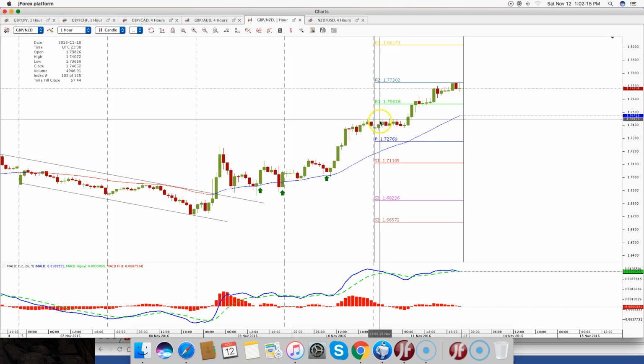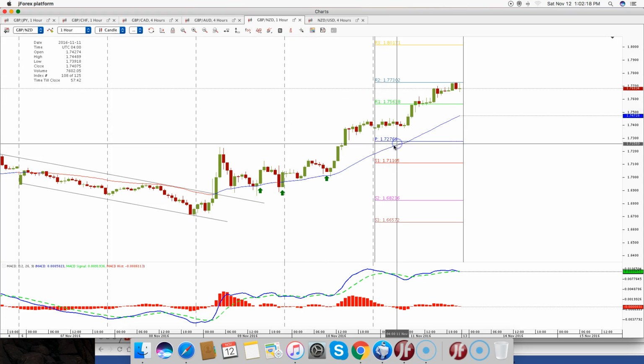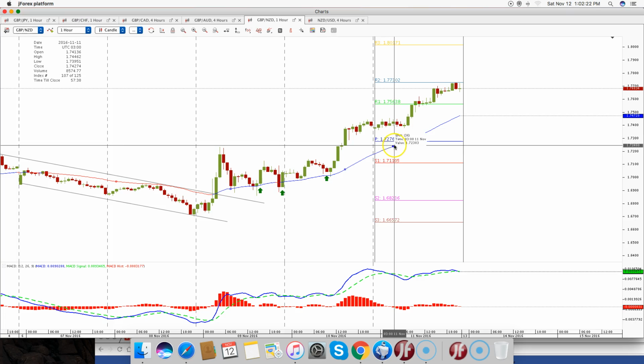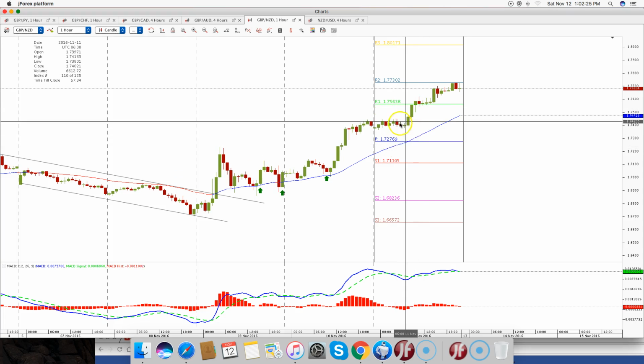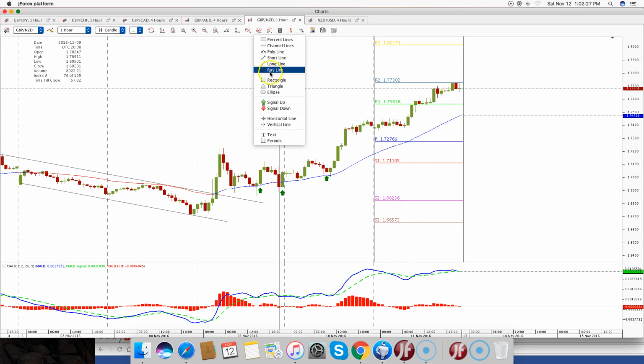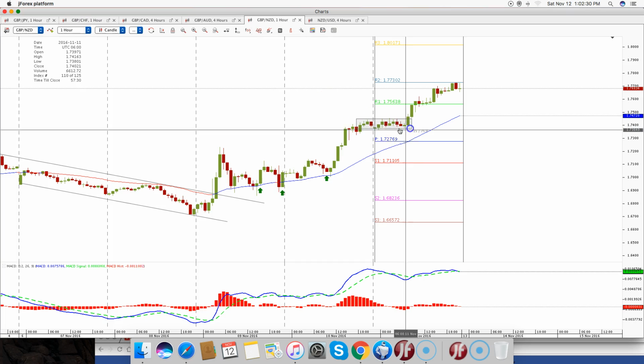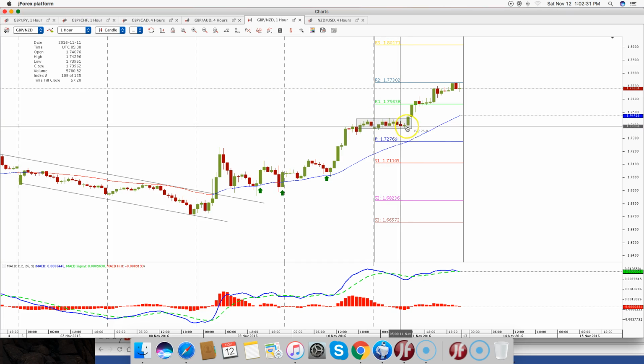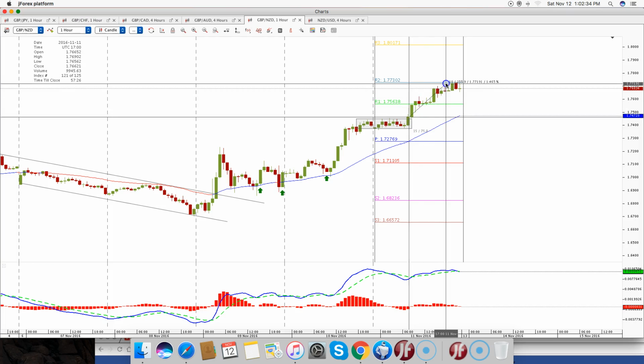If in fact it comes back down to the moving average line, then it's just another opportunity to take another long position. Or you can wait for this consolidation period to end and take that breakout trade to the upside.